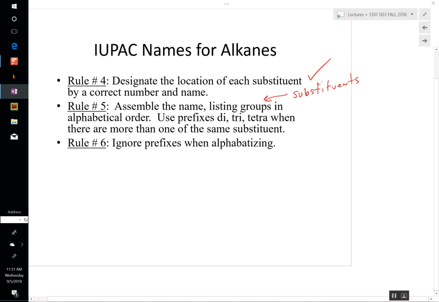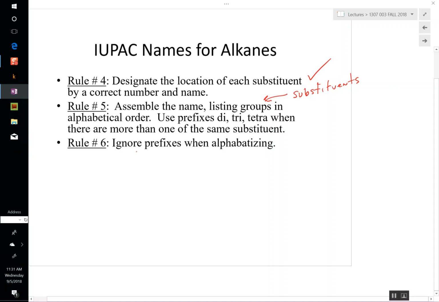And use prefixes like di, tri, or tetra when there are more than one of the same substituent. We don't have any of that in these 2 molecules yet. We just have a methyl and an ethyl. So there's going to be none of these prefixes yet, but these prefixes will come into play.